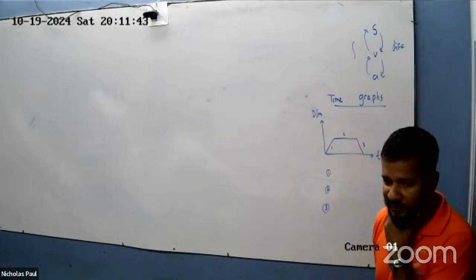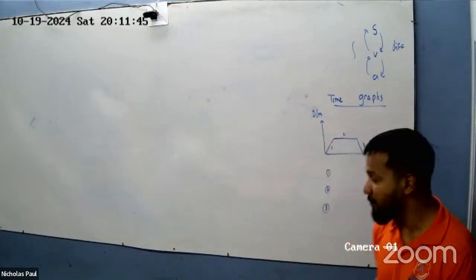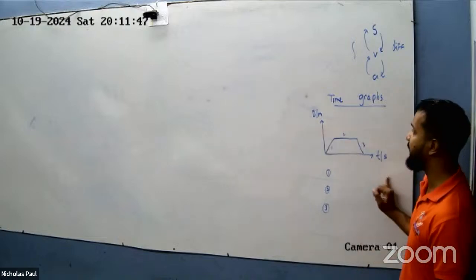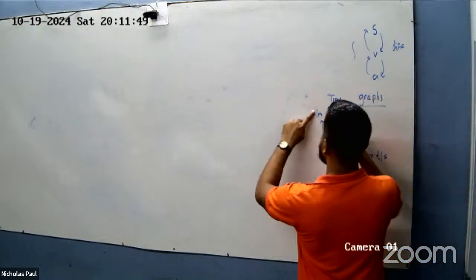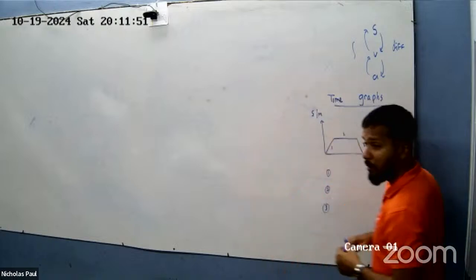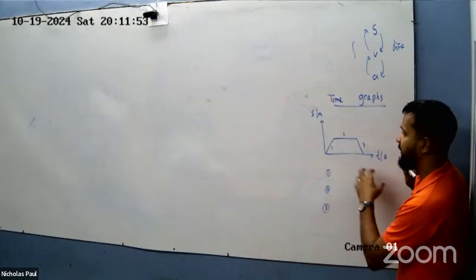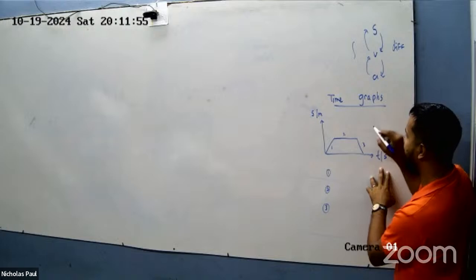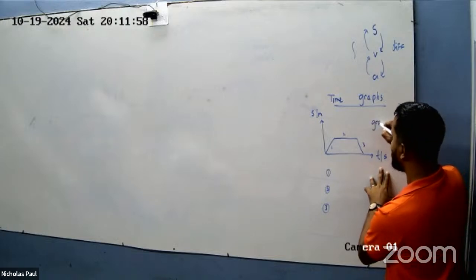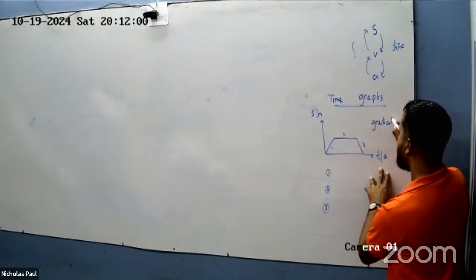There are two types of time graphs that we need to remember and understand. We have a displacement time graph. If I give you a graph of displacement versus time, then the gradient of such a graph is what?